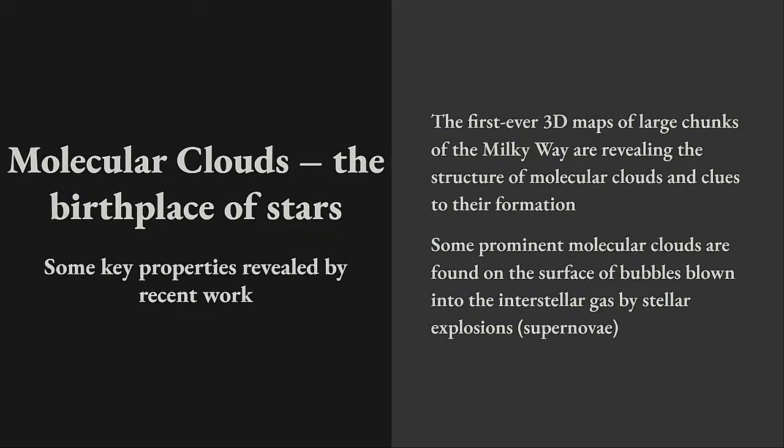Specifically, we're now learning that many prominent molecular clouds are on the surface of giant bubbles blown into the galaxy by exploding stars, called supernovae. So before we get to that, I actually want to tell you about how these maps are made in the first place, because it's a pretty interesting process.